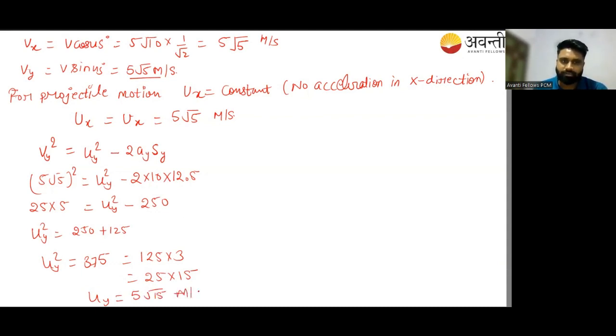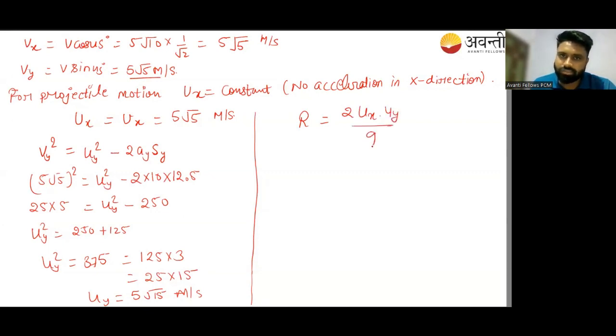So you have both the values, ux and uy. Now there is a formula for range, which is 2 times ux uy divided by g. You can also calculate it like this. R is equal to u square sine 2 theta by g. So u square, you can take u, and sine 2 theta is 2 sine theta cos theta.